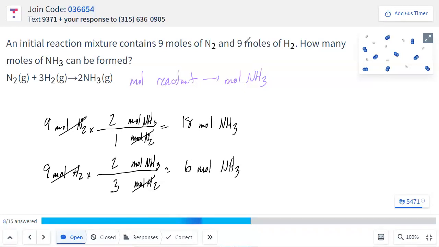And so what that should tell me is that this is not going to happen. This did. So nitrogen is in excess. Hydrogen is the limiting reactant, and the theoretical yield in this case would be 6 moles of ammonia.